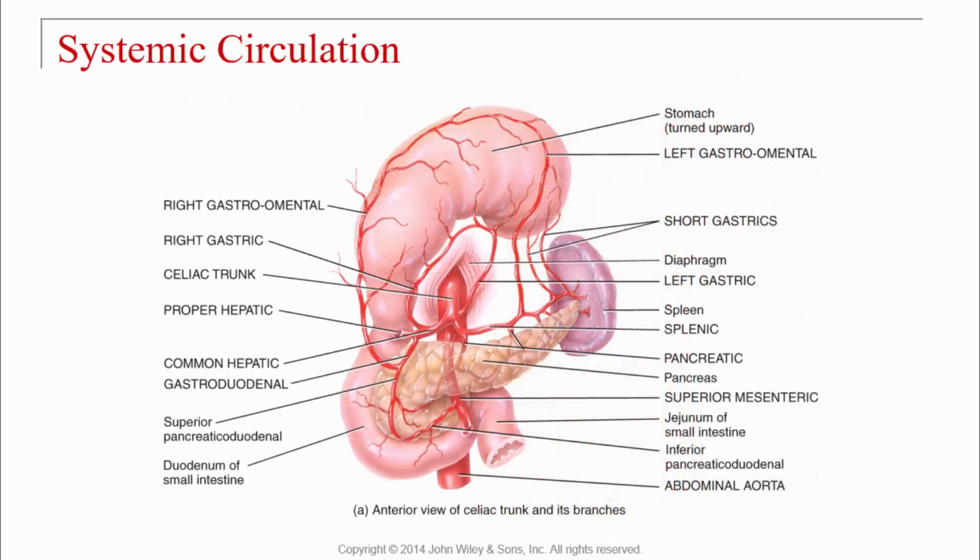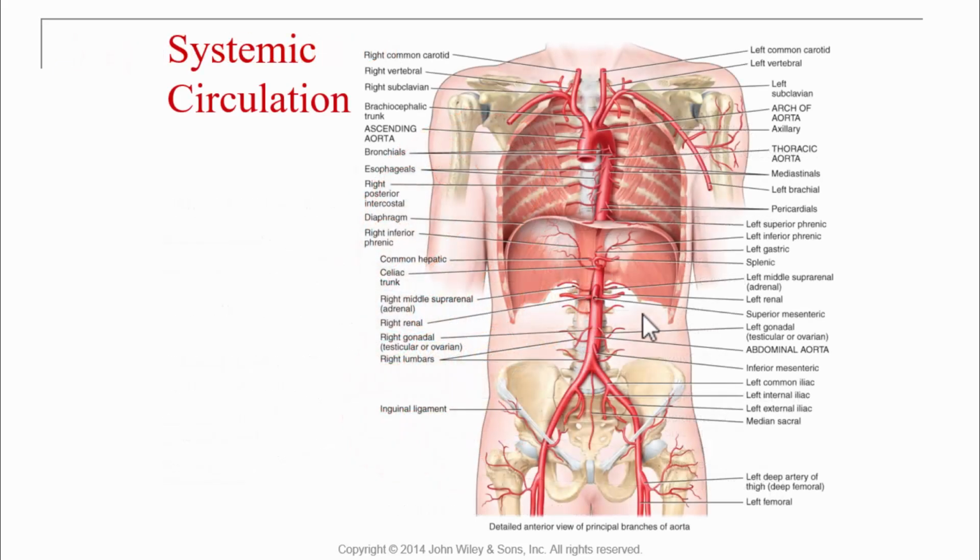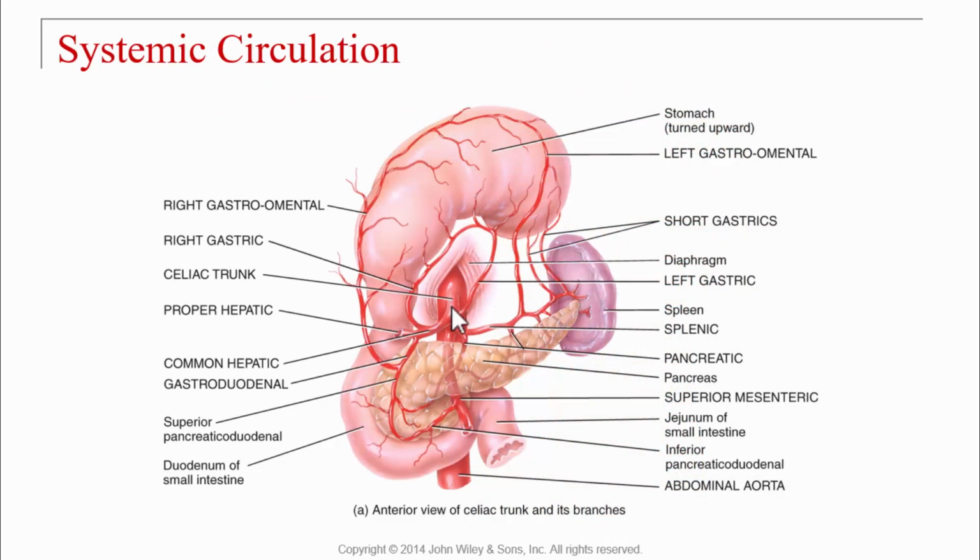And so looking at the celiac trunk, and just going back here again, you can see the celiac trunk where it comes out. We have some branches off of that. The first one is the left gastric artery. Now, the stomach, it's not in its normal position in this picture. It's actually been lifted up out of the way.